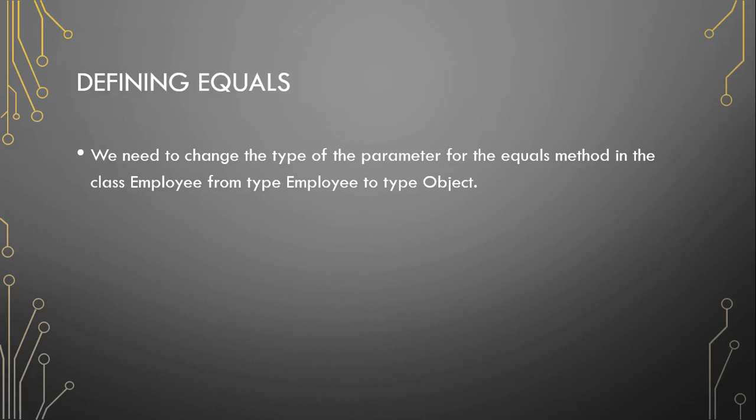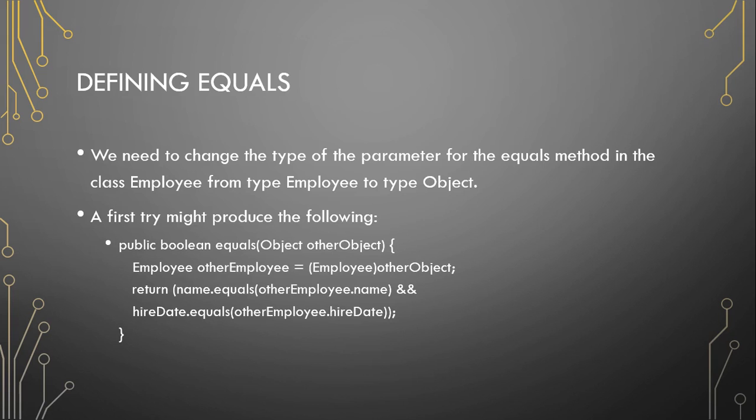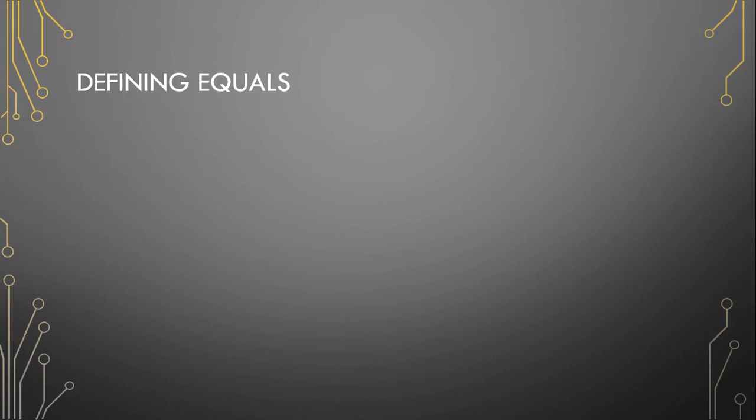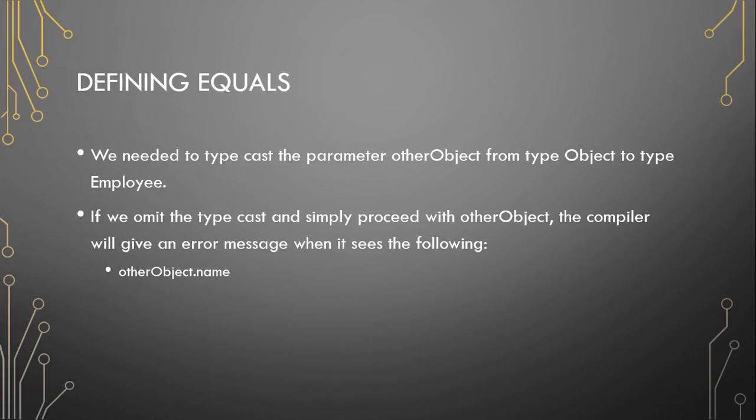So we need to change the type of the parameter for the equals method in the class Employee from type Employee to type Object. A first try might produce the following: public boolean equals(Object otherObject) { Employee otherEmployee = (Employee) otherObject; return name.equals(otherEmployee.name) && hireDate.equals(otherEmployee.hireDate); }. However, we need to typecast the parameter otherObject from type Object to type Employee.